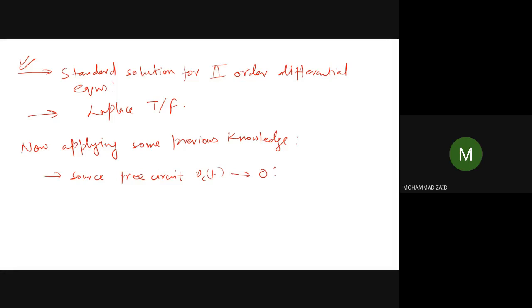We can also say that the response will be exponentially decaying. So this we already know. Since it is also a source-free circuit, this assumption is true. It will happen this time also.